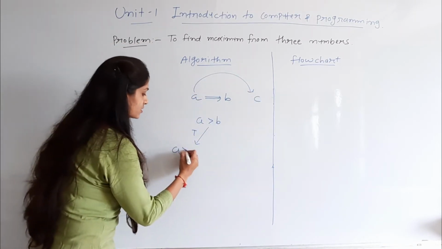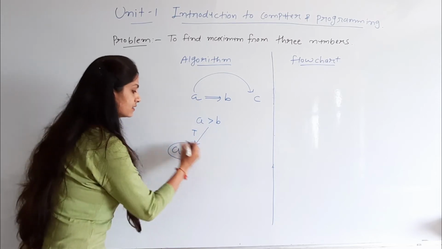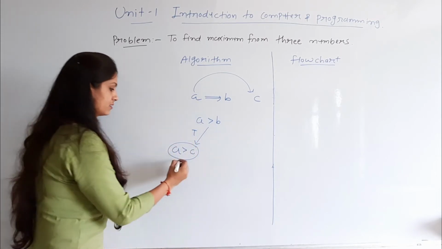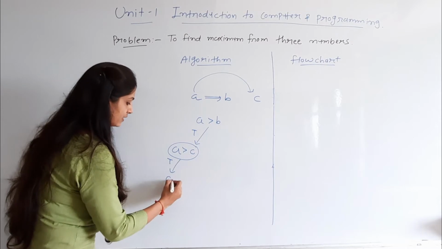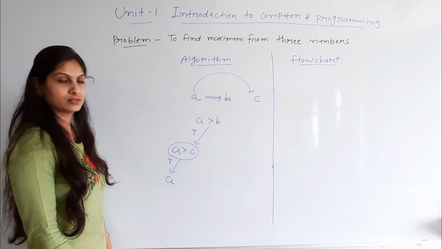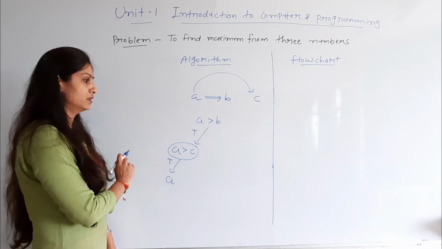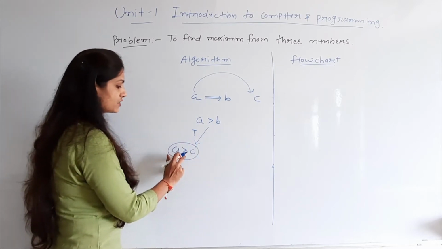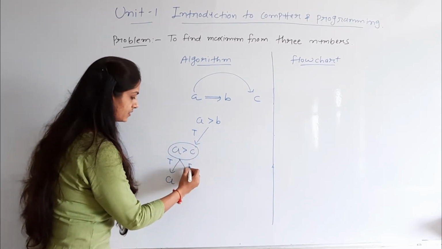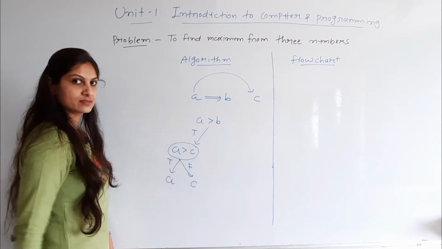So again the condition is there, that is A is greater than C. Yes means true, then finally A is max. That is the flow how to find the maximum from three numbers. Now suppose this condition is false, that indicates C is max.